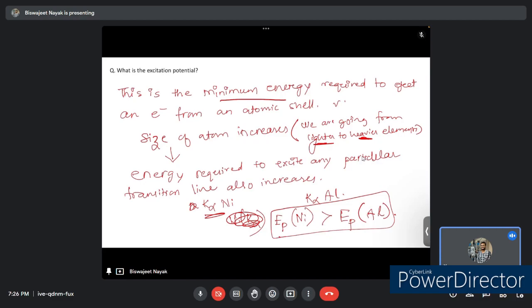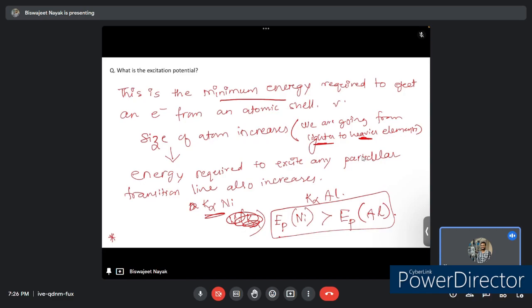And another important point to note here is, as we go through different shells like K, L, M, accordingly the potential decreases, like the highest excitation potential is of the K shell.